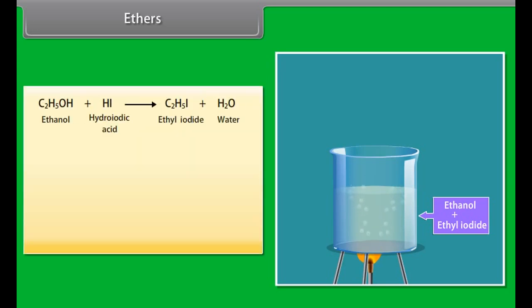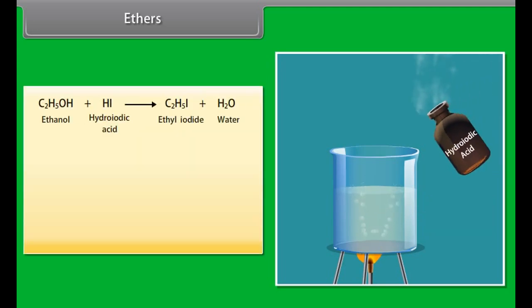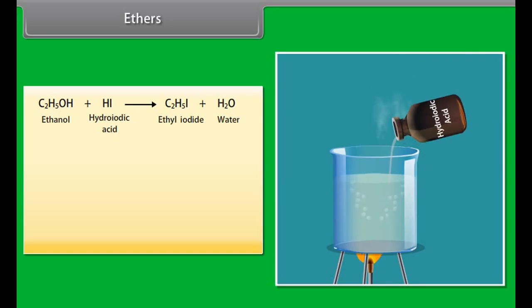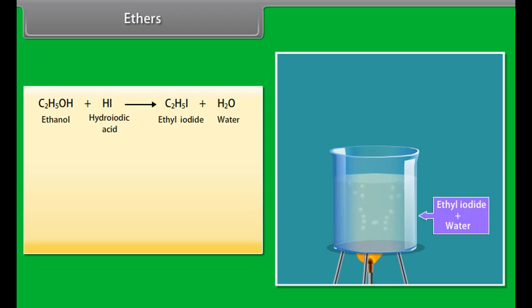With excess of hydroiodic acid, the alcohol formed further reacts to form ethyl iodide. The overall reaction is: hydroiodic acid reacts with diethyl ether at 373 Kelvin and it forms ethyl iodide and water.